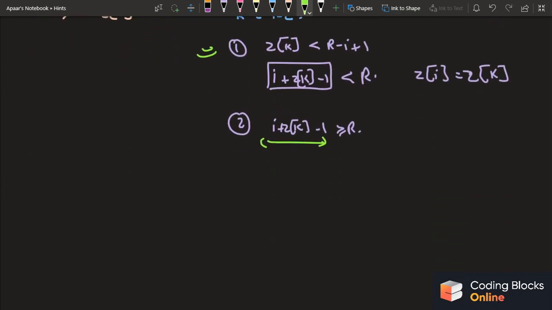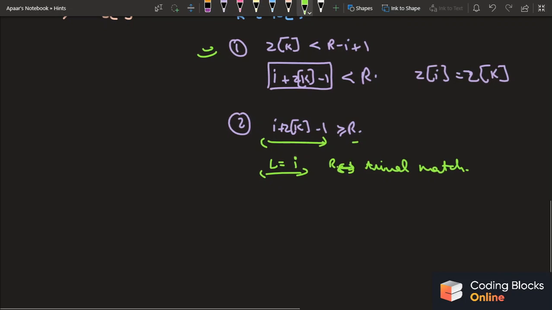So basically if I have this condition greater than or equal to r, then I'll simply say L equals I, and from R again I'll start matching. I'll do the trivial matching algorithm again, right? Here making L equal to I means expanding R further, because I found an index such that I can expand R further.